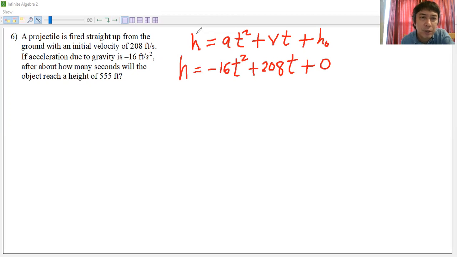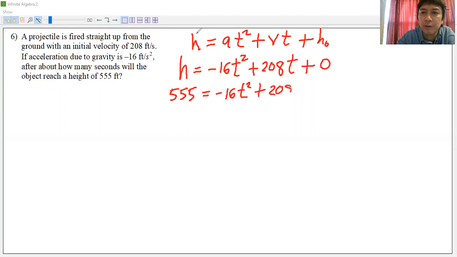All right, the question is, after about how many seconds will the object reach a height of 555 feet? Okay, that will be our h. So we have 555 is equal to negative 16 t squared plus 208 t there.